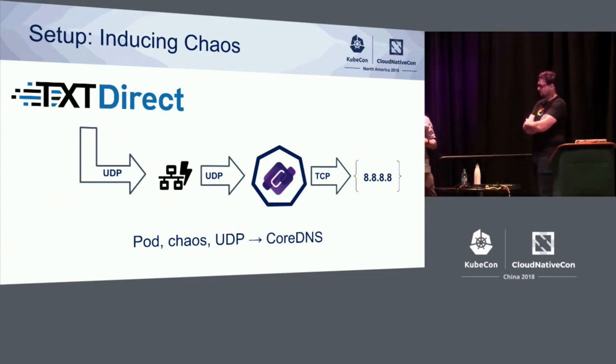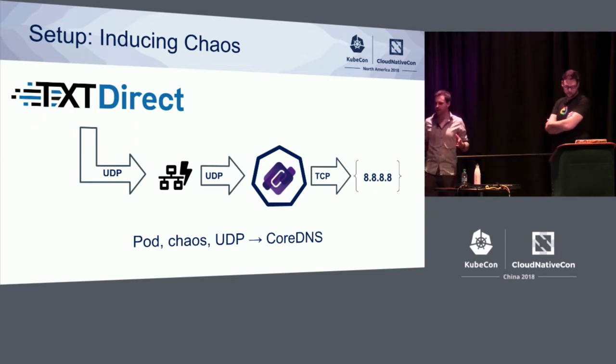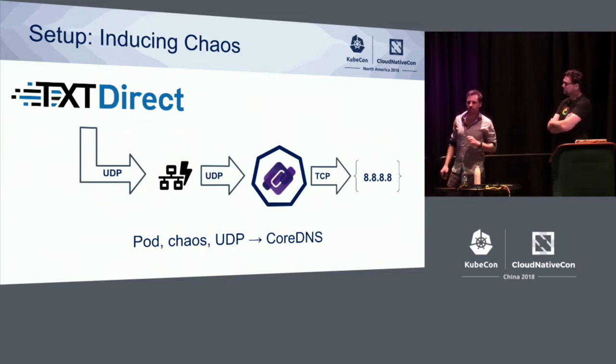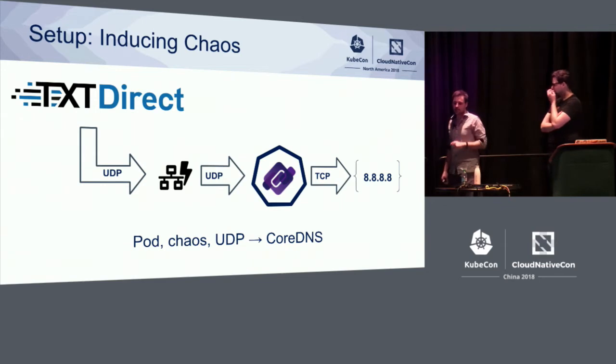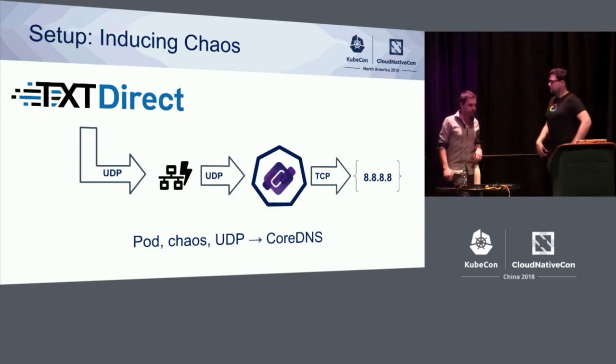So we had a small gremlin that might actually happen that it's in your network already, or in your cloud provider, and it's dropping packets happily without actually you having to deploy something extra. So we deployed it, and it did a small rate of drop packets. And basically, we send from the application over the wire UDP, and then dropped around 1% of packets or 0.5% of packets, and then moved into CoreDNS.